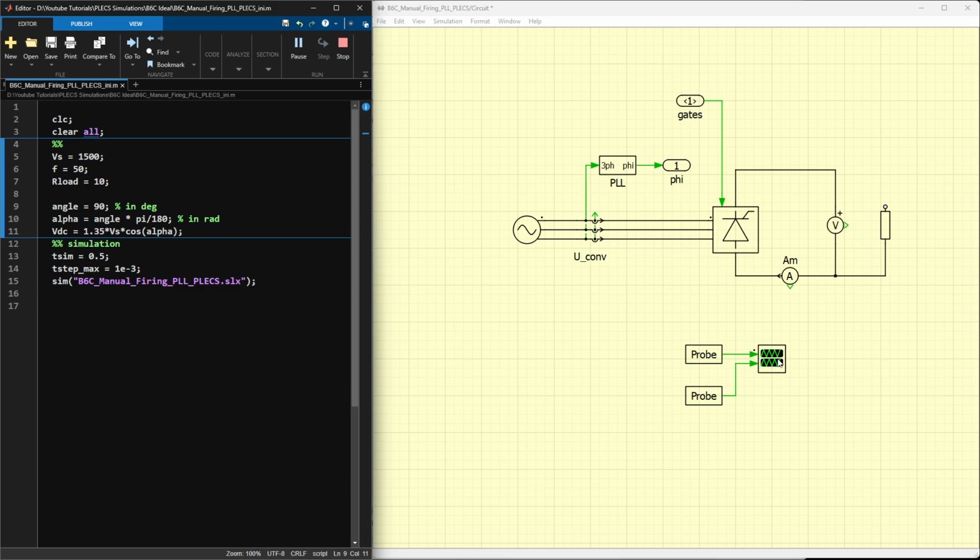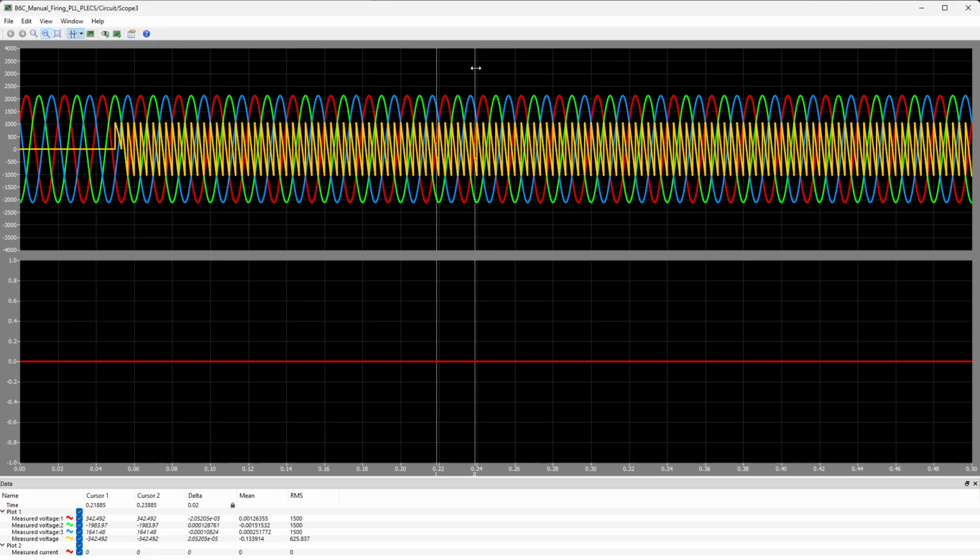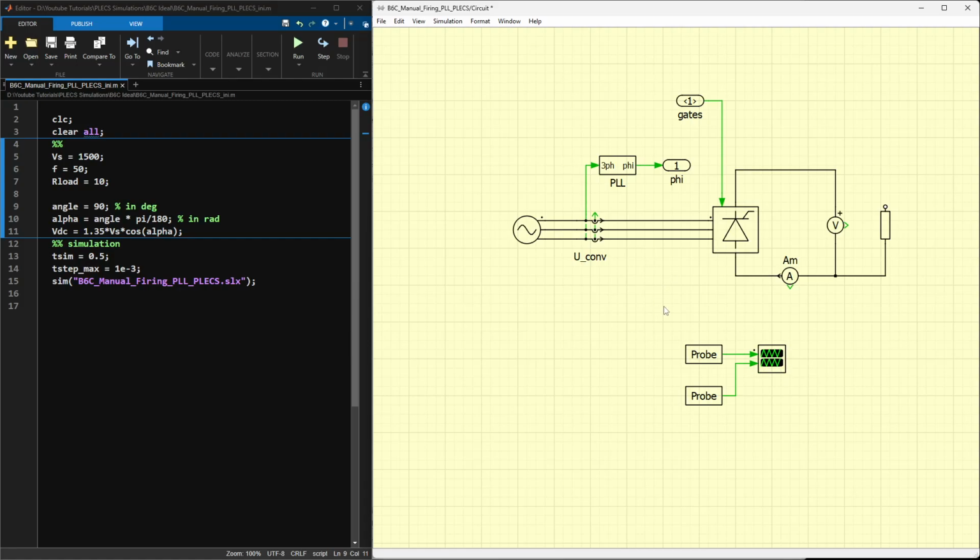I rerun the simulation and bring back the output curve window. It's clearly seen here that we have the connection voltage, RMS 1.5 kilovolts, and the DC voltage, on the yellow curve, is now actually 0. So the open circuit voltage on the DC side is 0, and the theoretical calculation matches what we're simulating here.